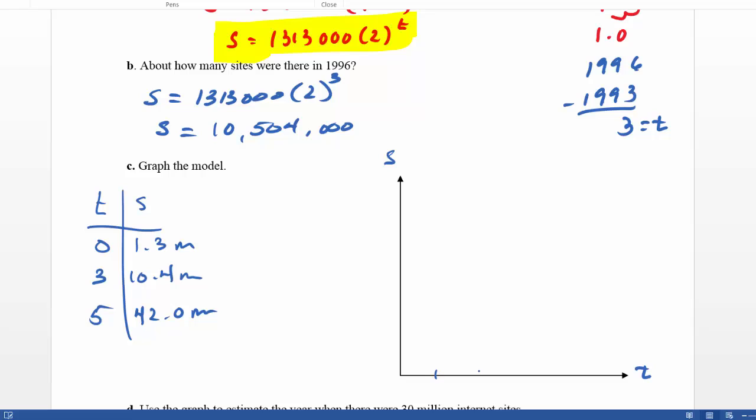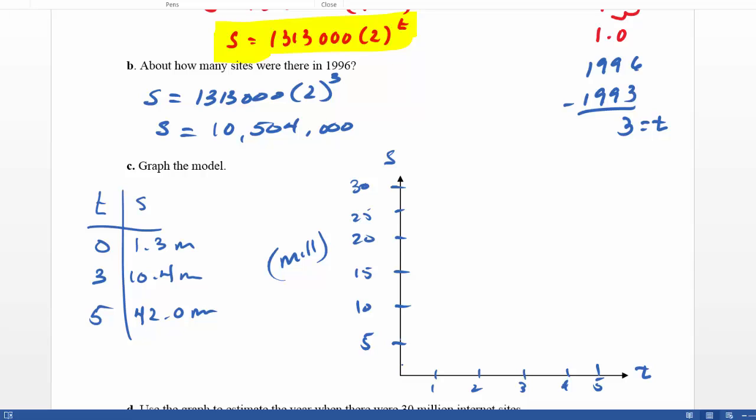And so for the years, I'm just going to simply say 1, 2, 3, 4, 5. But that won't work for the internet sites. So we have to come up with a different model. So I'm going to do it a little differently. So I'm going to say 5, 10, 15, 20, 25, and 30. But this is in millions. And so we get a clear indication.